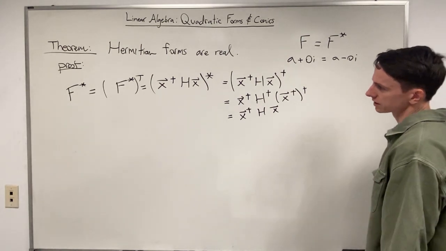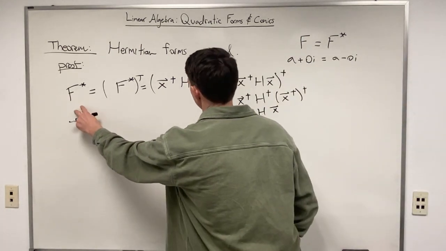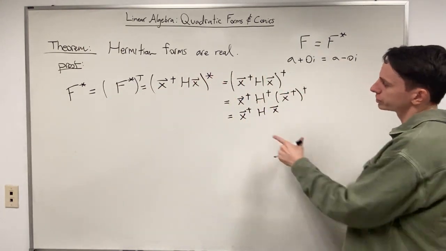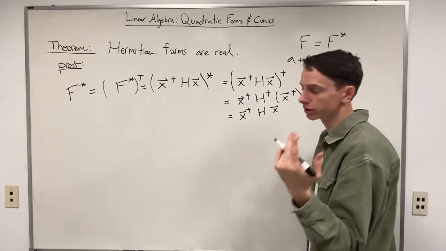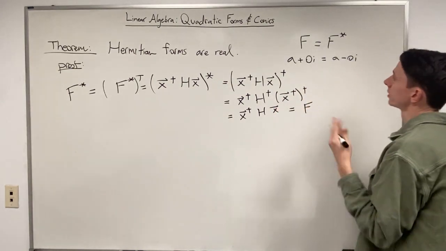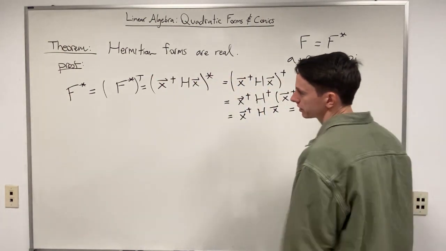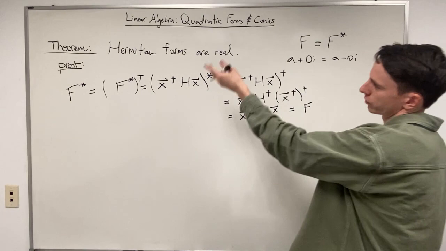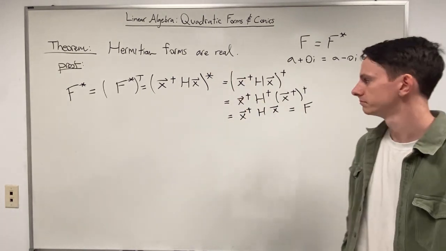So what we see is that we started with f star, which was this quantity starred, and now we're left with just that same quantity without the complex conjugate, without the star. So this is just f. And that satisfies through this long equality chain that f star equals f, which is what we were trying to prove. Therefore, Hermitian forms are real.